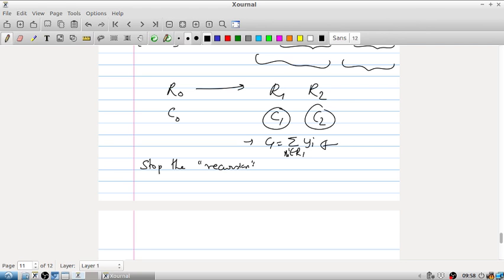The stopping situation is, for example, that the region or the node has less than 10 points. The criteria for stopping is also your choice.